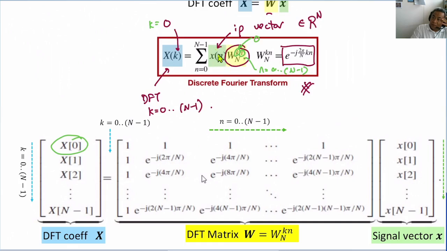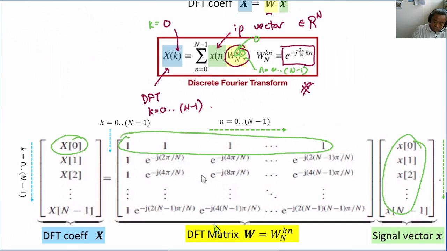Let's put x[n] as the column vector here. So we have small x[0] until small x[N minus 1]. How to realize this sum of this expression? In matrix-vector form, it is this row that will be multiplying with this column to get the first element. So this element is realized by this expression here.